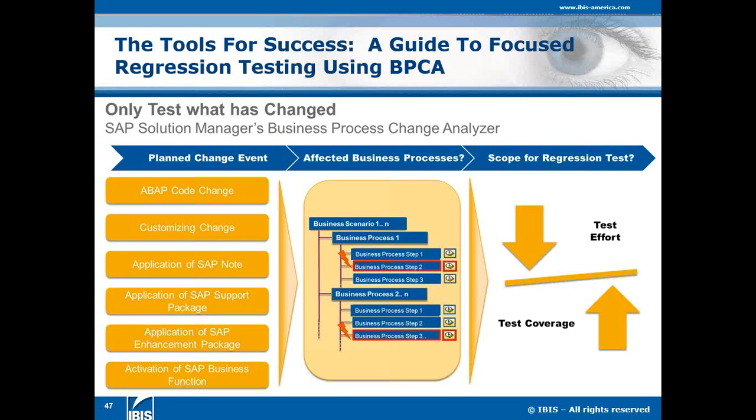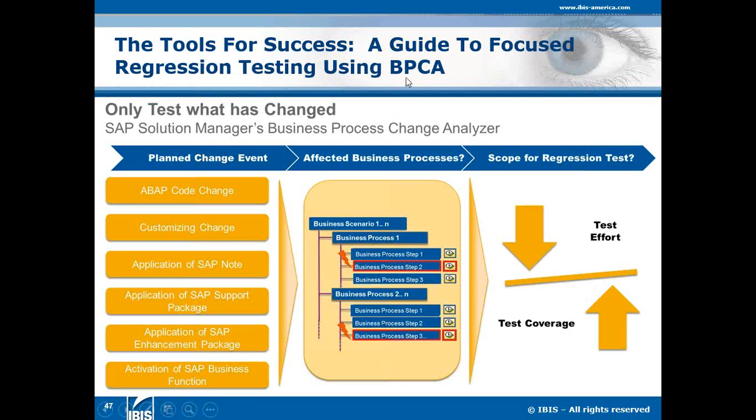If you were at Sapphire or TechEd just recently, and you've talked to organizations such as Goodyear or BNSF, amongst other organizations, SAS Power if you're a utilities company, we don't have to test everything. With the development of the T-bombs and then creating the analysis file using BPCA, we can now focus on those areas of the organization, of our processes, that have been impacted by the changes versus testing everything because we don't know what the impacts are.